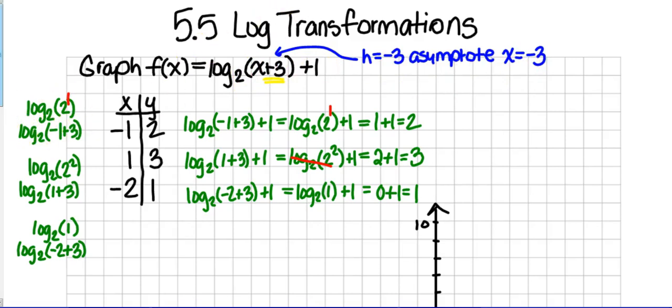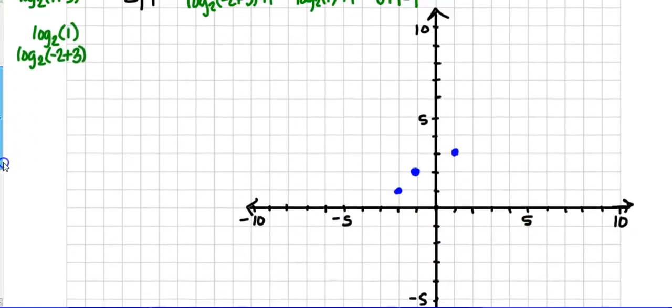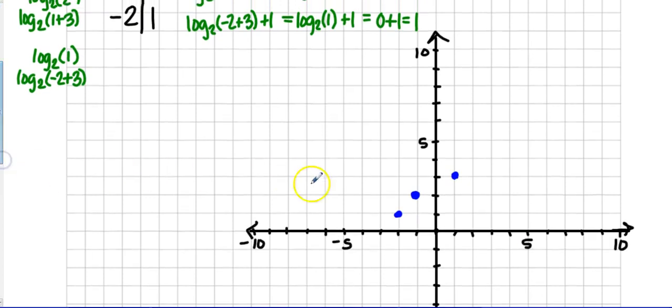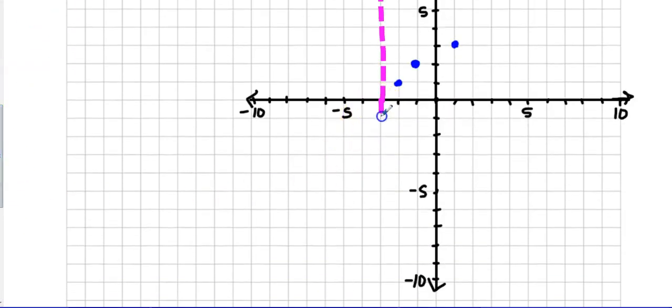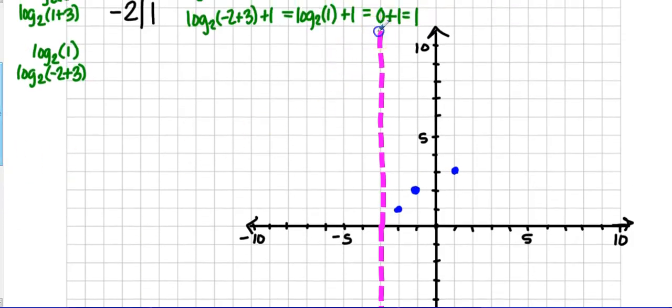So if you have your highlighter, remember it's kind of nice if you put your asymptote with a highlighter dotted line. So 1, 2, 3. And as soon as my asymptote is on the graph, I have a much easier time of actually being able to see where this function is.